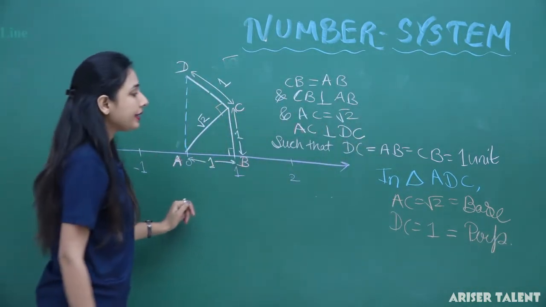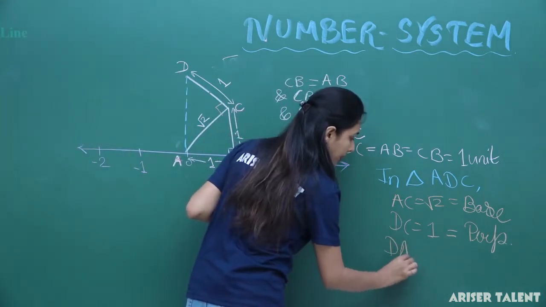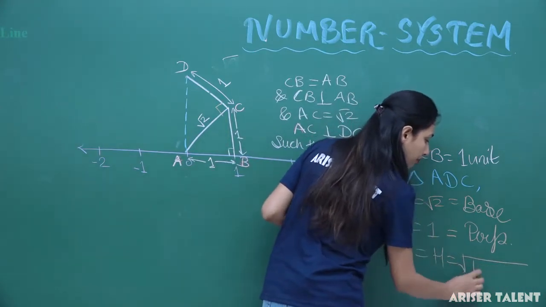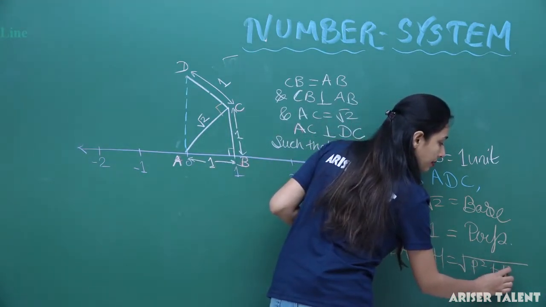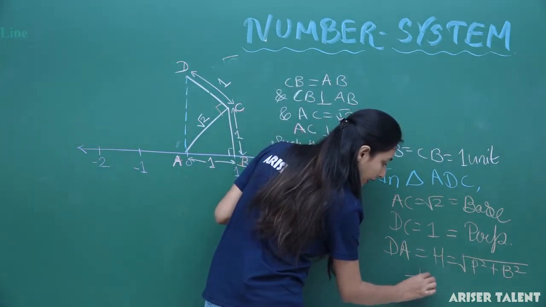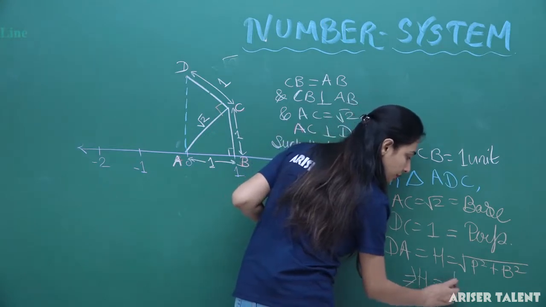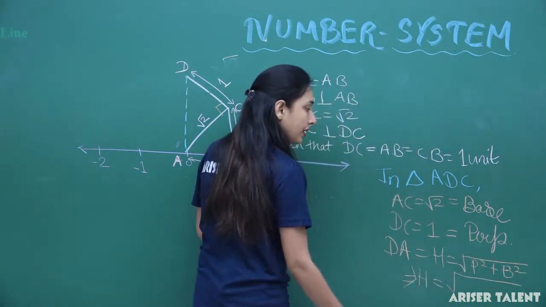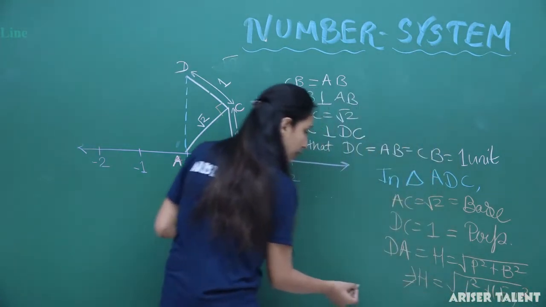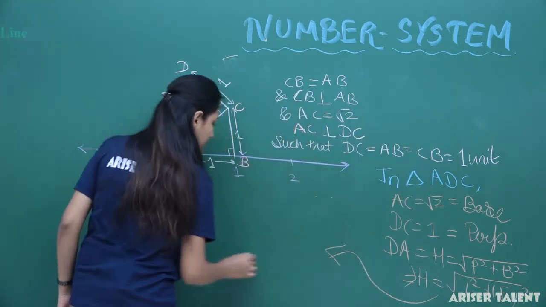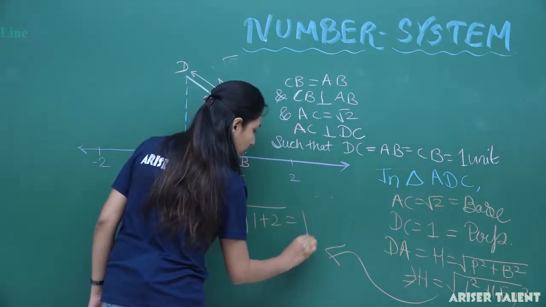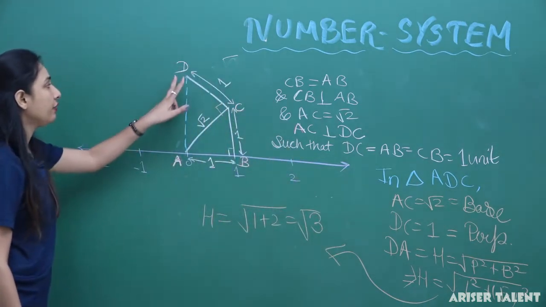Then DA is the hypotenuse, and that will be the root of perpendicular square plus base square. So hypotenuse equals root of 1 square plus root 2 square, that is root of 1 plus 2, which equals root 3. So again that will be root 3.